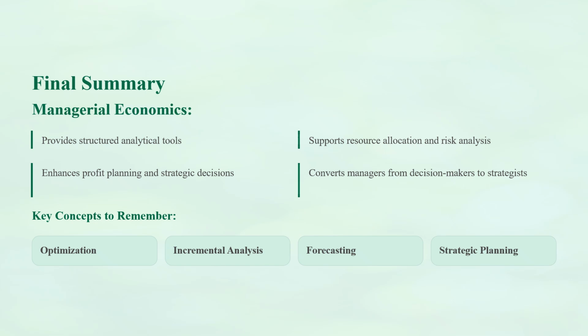By applying these economic tools and techniques in a logical and systematic way. As you move forward in your MBA journey, remember these key terms: optimization, incremental analysis, forecasting, and strategic planning. This will form the foundation of your future managerial career.